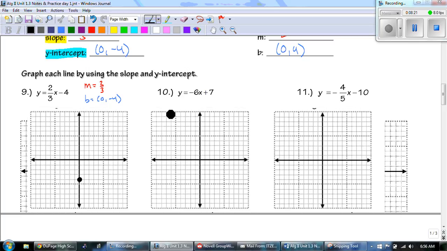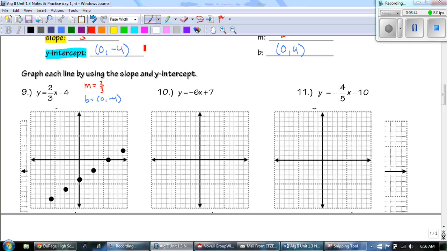We always start on the y-axis, and now I know I need to go up 2/3, and there's my point. Up 2/3, there's my point. Up 2/3, and I'm going to do that in both directions until I have my line.